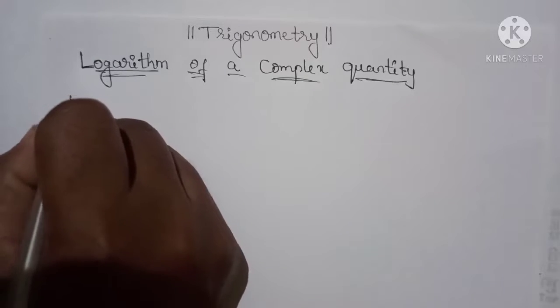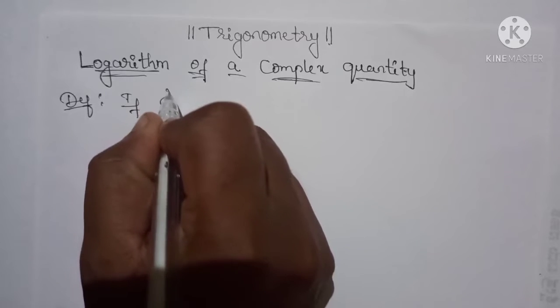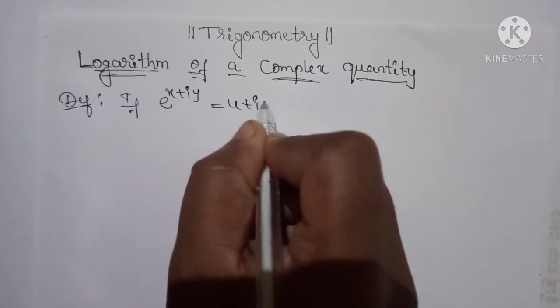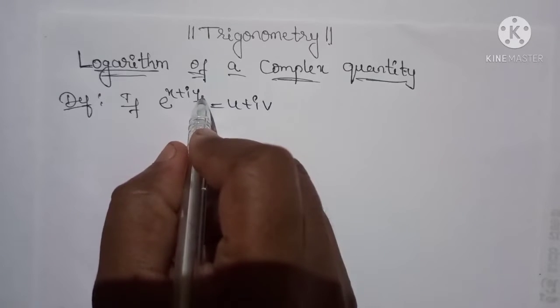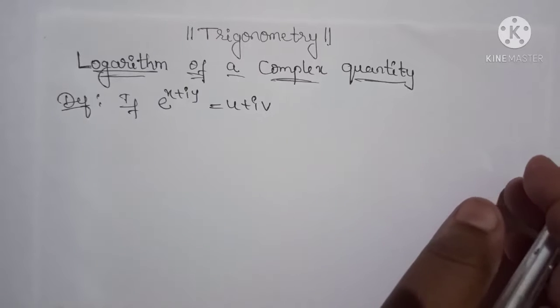If e raised to x plus iy is equal to u plus iv. So here x plus iy is a complex number and this u plus iv is also a complex number.